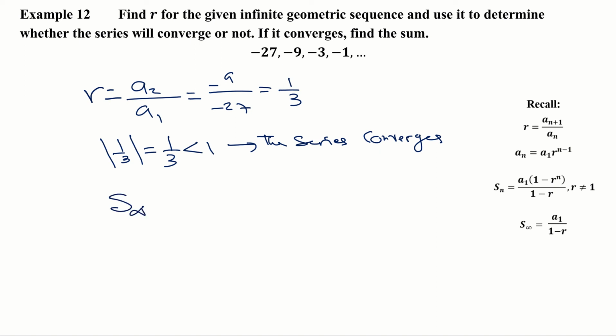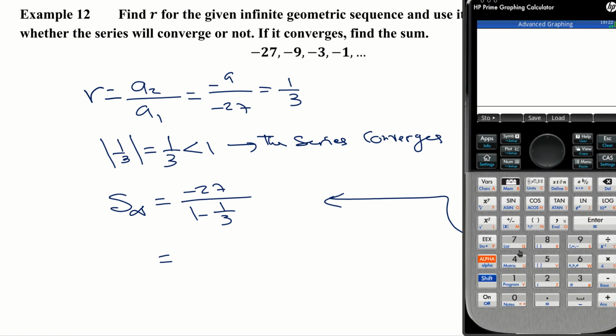So S infinity here, remember, we're adding infinitely many numbers, but the numbers are getting smaller and smaller. They're approaching 0. That's why we can actually get a sum for it, right? So we get equals a1, applying this formula, so a1 is -27 over 1 minus the common ratio, which is 1/3. And now we just have to calculate that. So we have -27 divided by 1 minus 1/3.